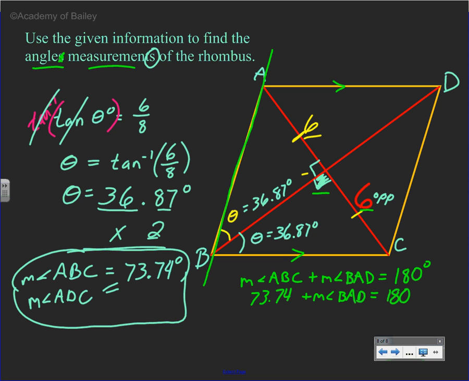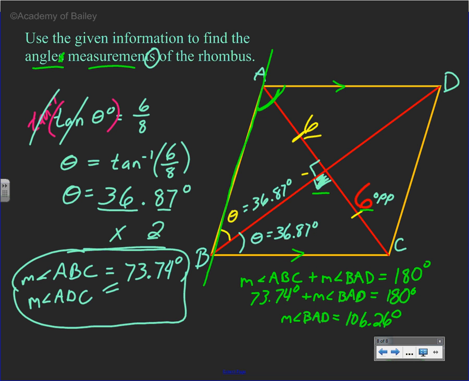In order to get the measure of angle BAD by itself, we have to subtract 73.74 from both sides. When you take 180 degrees and subtract 73.74, you get 106.26 degrees, and that is this angle here, BAD.